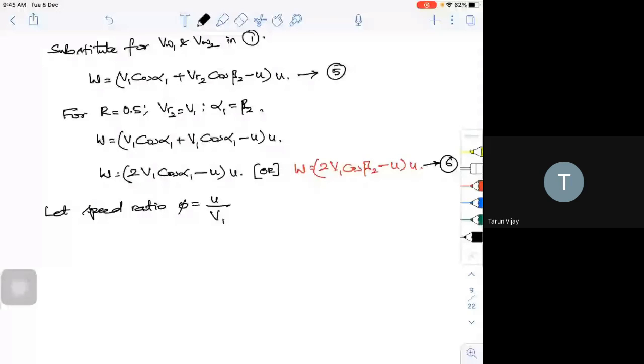Now if you go to equation number 6, I can modify this.